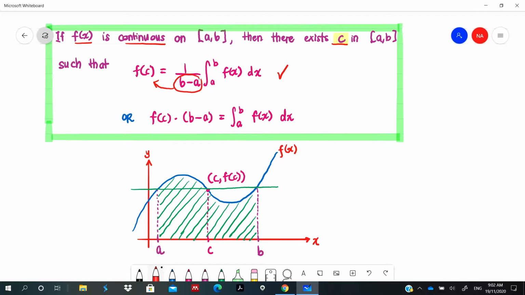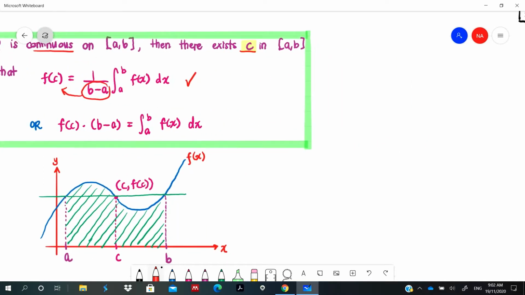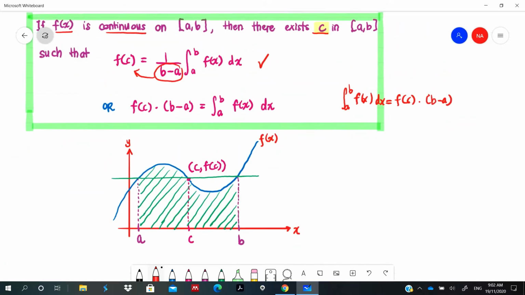So we can rewrite this formula: the integral of f(x) dx is equal to f(c) times (b minus a). They are all the same. We can use this formula to find the value of c. The number f(c) takes the average of that area.